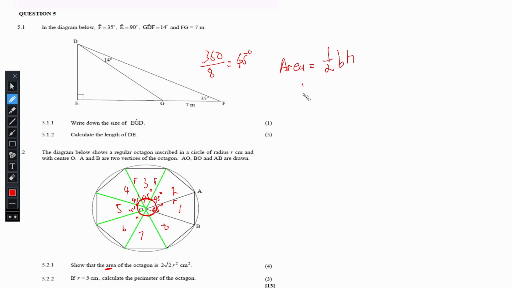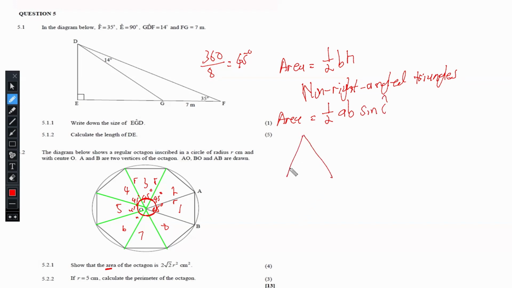But if these are non-right angled triangles, meaning they are not right angles, then the area rule says you can say it's half AB sine C, right? How do you apply that one?